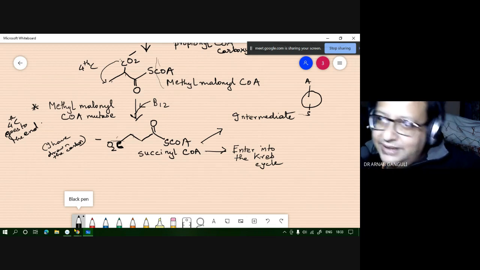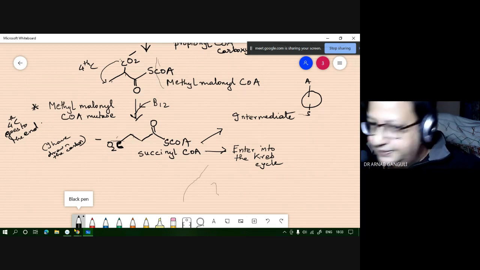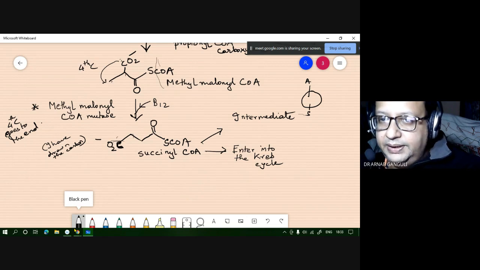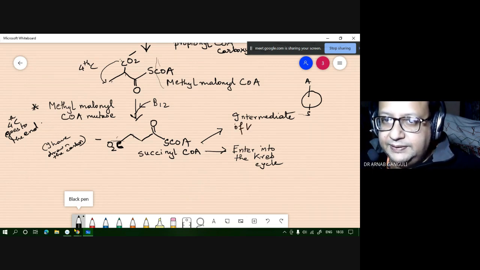So basically the half step will take place. Intermediate of Krebs cycle.